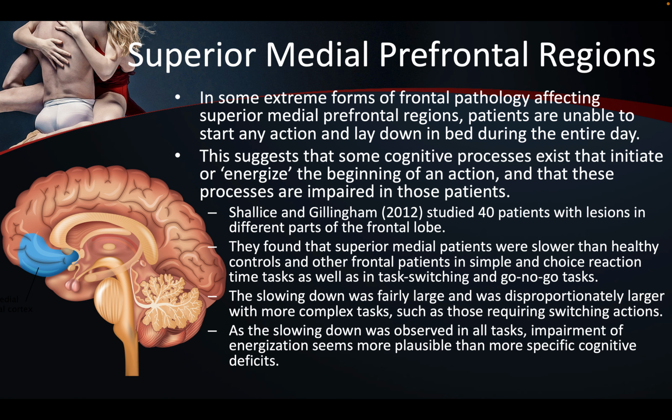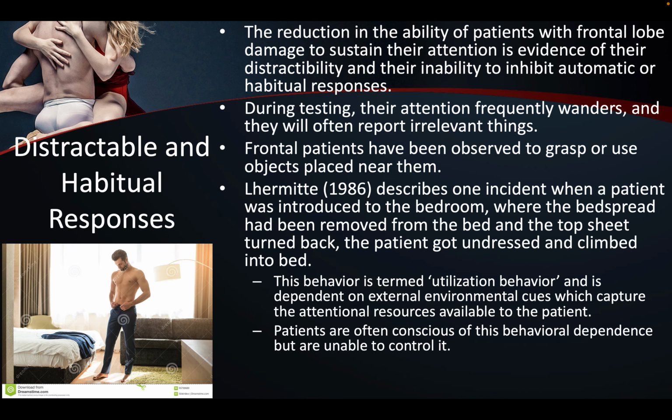The slowing down was fairly large and was disproportionately larger with more complex tasks, such as those requiring switching actions. As the slowing down was observed in all tasks, impairment of energization seems more plausible than more specific cognitive deficits.